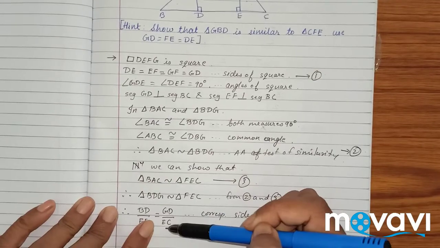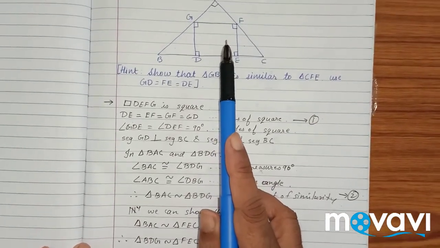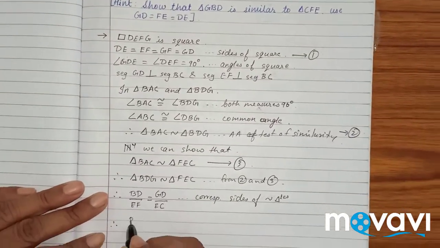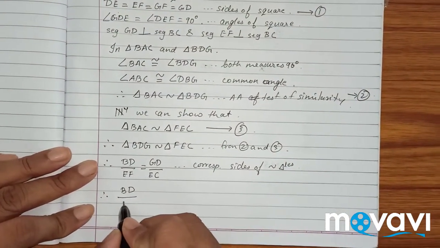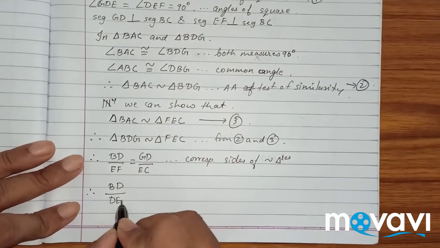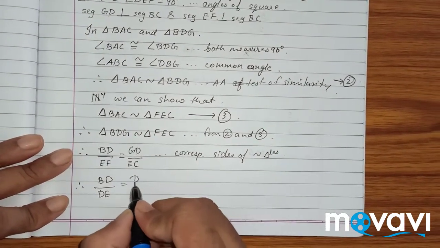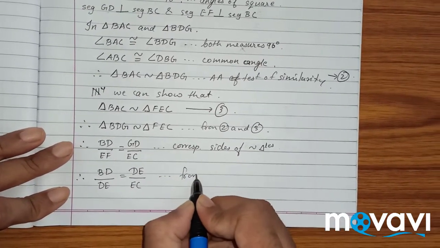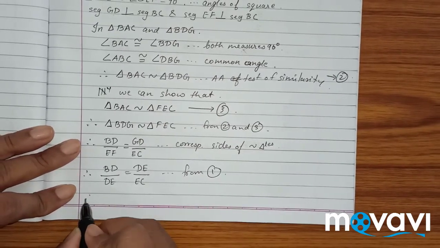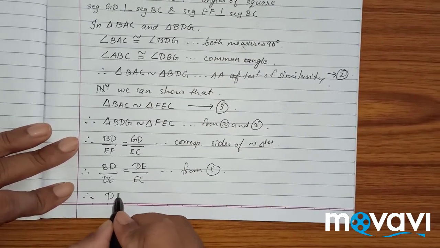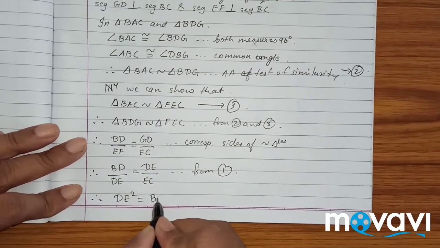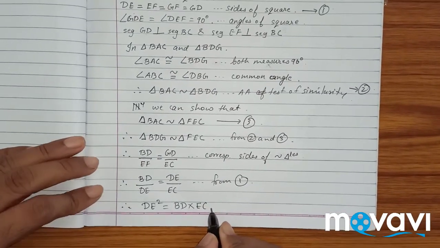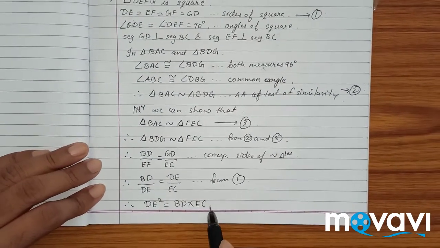The next two sides are what I want to show, BD into CE. So in BD I'll keep it as it is, instead of EF I will write DE, and instead of GD I will write DE upon CE. This is from 1. Now I'll cross multiply. This will become DE square is equal to BD into CE. This was supposed to be proved, and so I have made this change here.